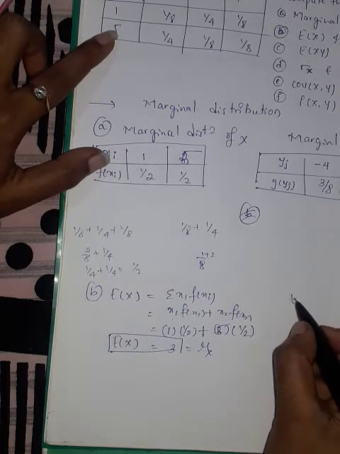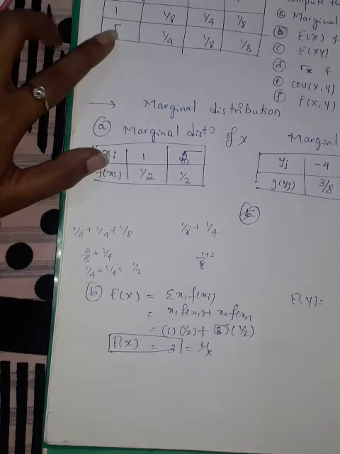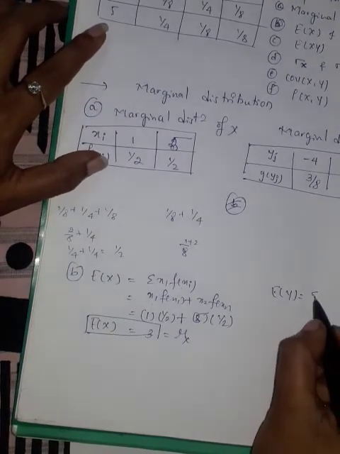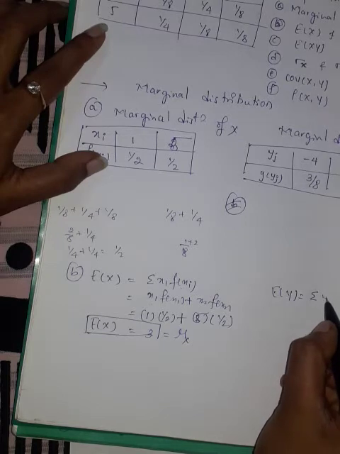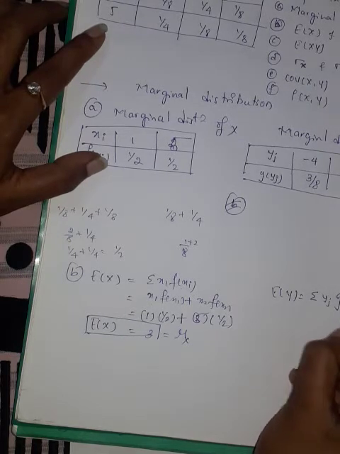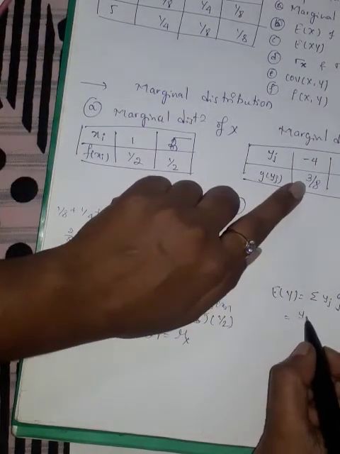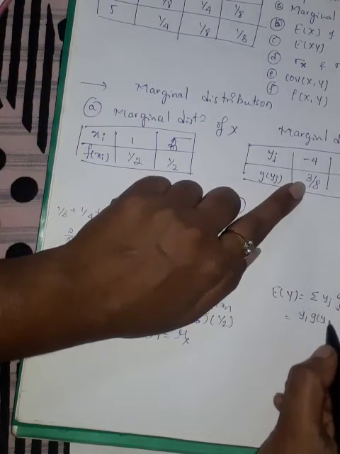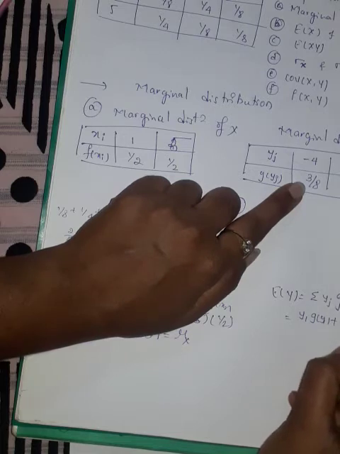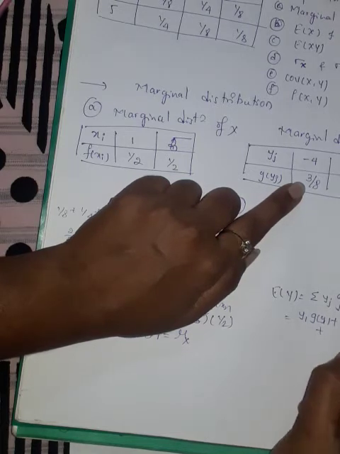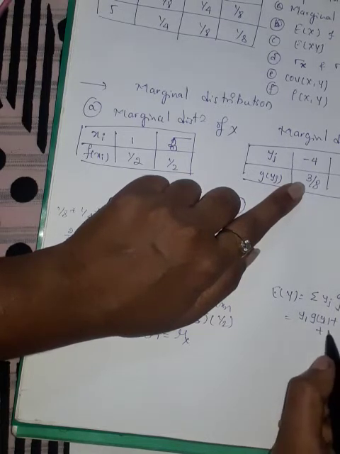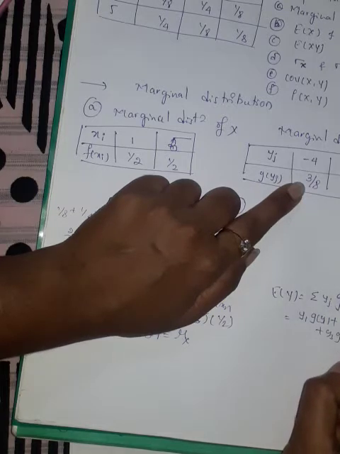Next, expectation of y. Similarly, we have to find expectation of y, which is given as summation of yj into g of yj, the same as y1 g of y1 plus y2 g of y2 plus y3 g of y3.